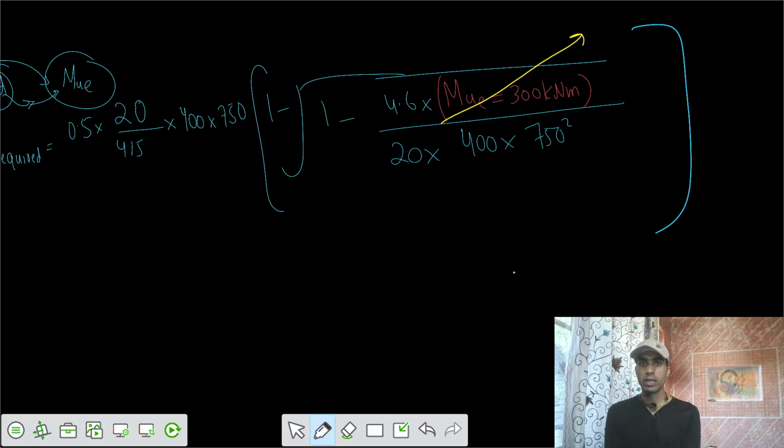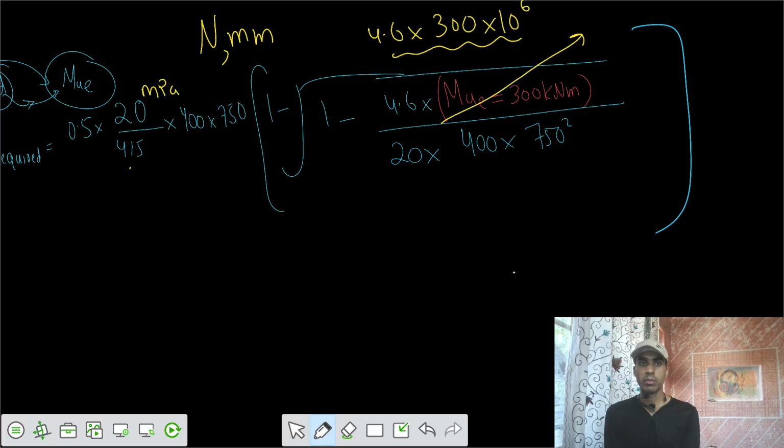We have to solve it in this way: 4.6 into 300 into 10 power 6, such that units are in Newton millimeters. This is 20 megapascals, which is Newton per millimeter square. D is in millimeters, B is also millimeters, and this is in Newton millimeters, and this is millimeter square.